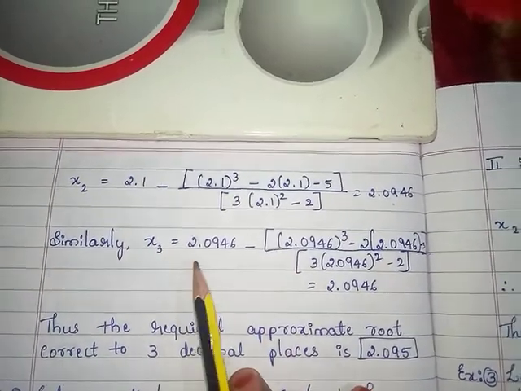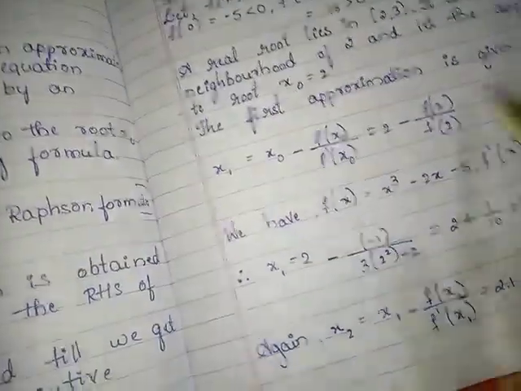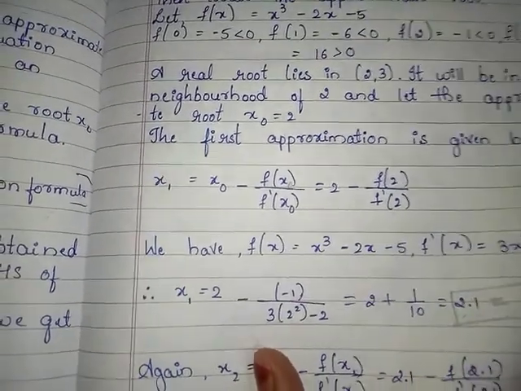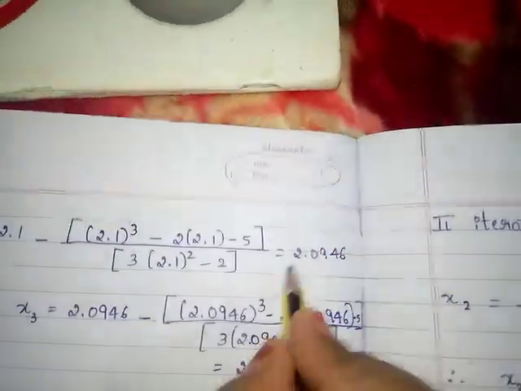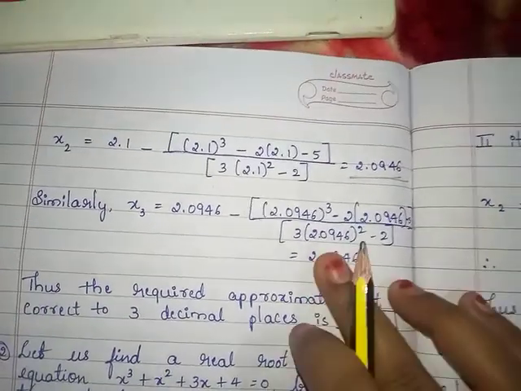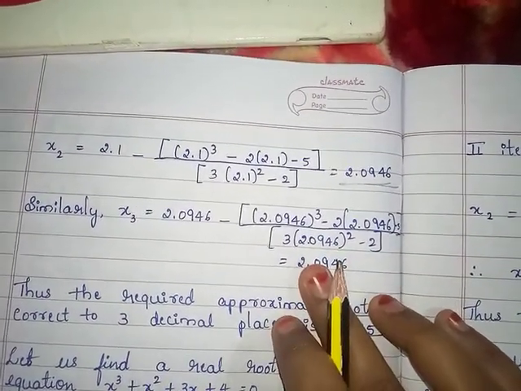In the second approximation we replaced x naught by x1. Similarly, in the third approximation, just replace x1 by x2, which is the value of x2, and substitute the values.